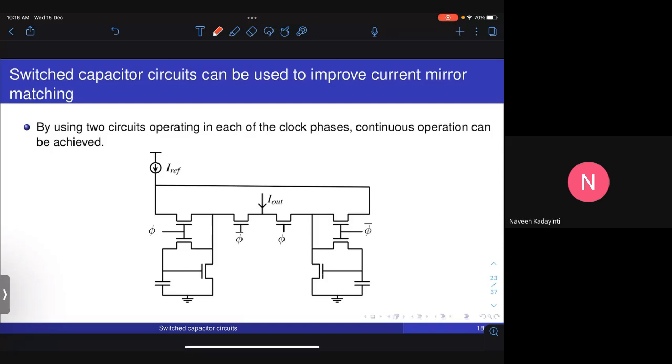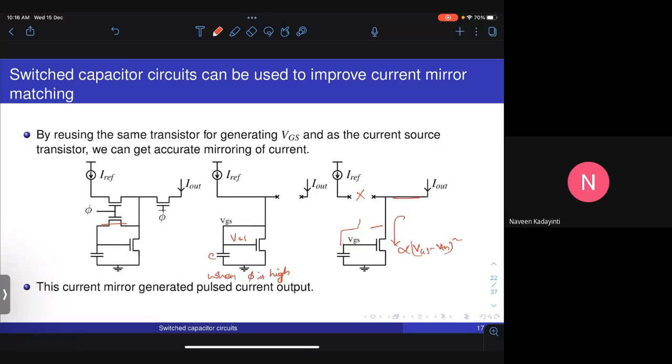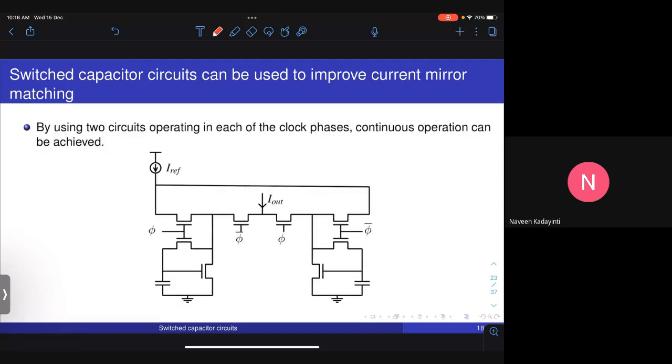So by using two sets of this kind of circuit and switching between them continuously, you can achieve constant, continuous operation. This gives you continuous mirroring of Iref to Iout with very good matching performance.